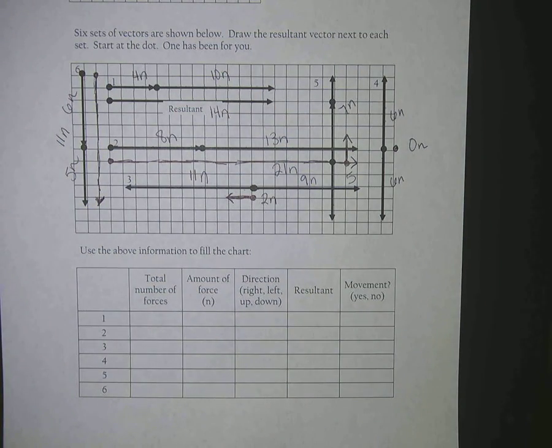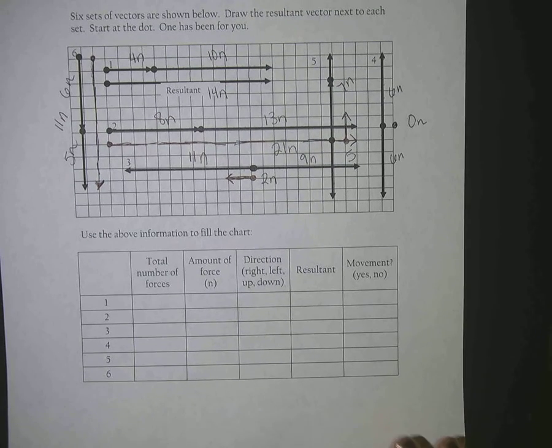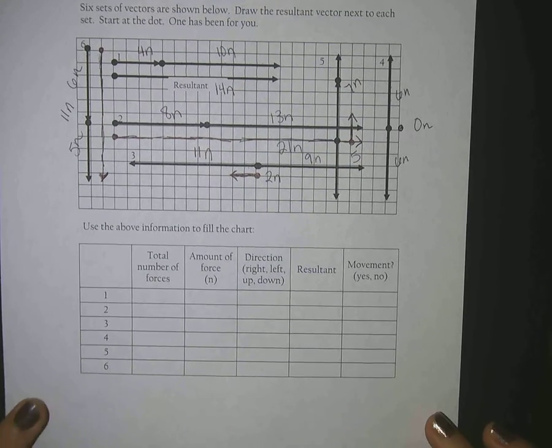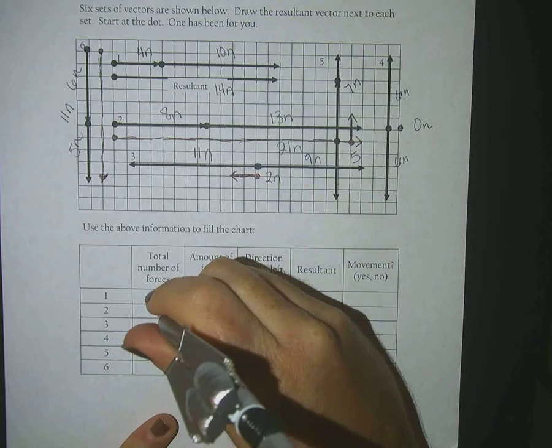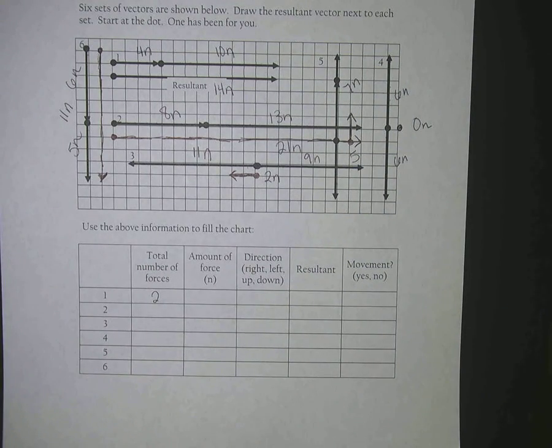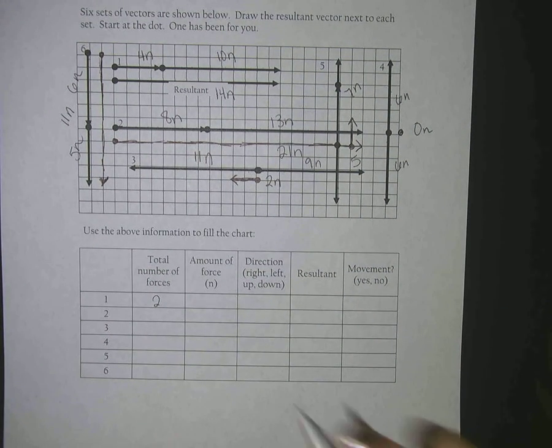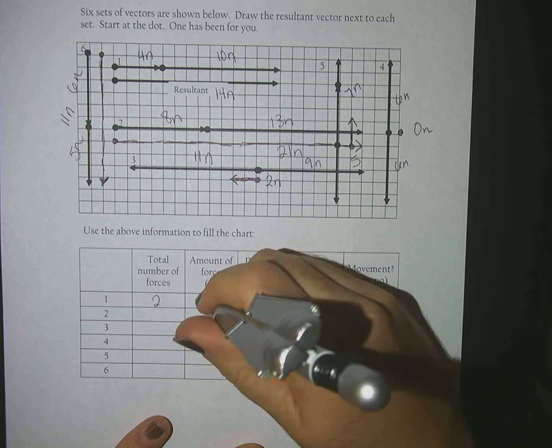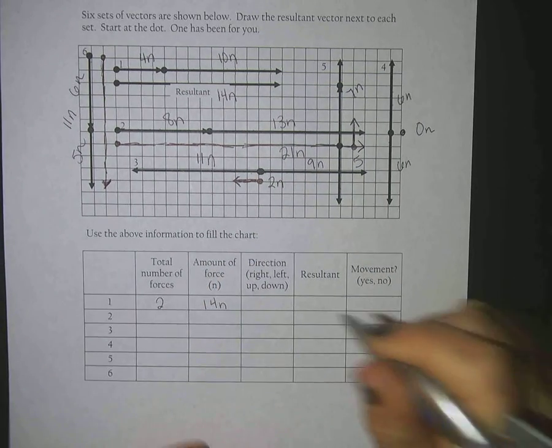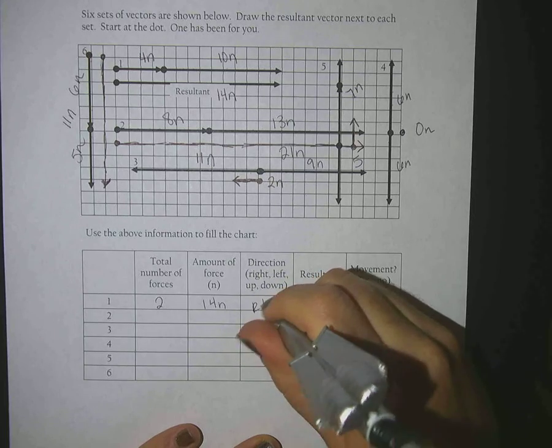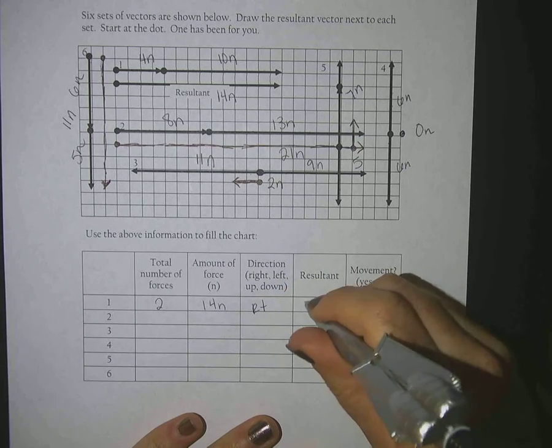So since we did a good job filling in this table, the bottom table is going to be pretty easy. So look at number 1. How many forces were there? There's 2 forces. What's the total amount of force? 14. And what was the direction? Right. What was the resultant force? 14 newtons.